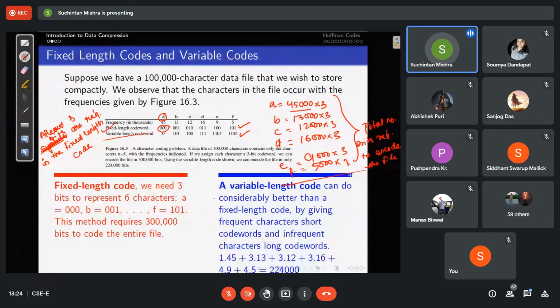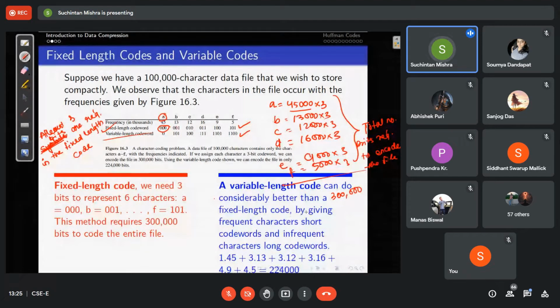Yes, what is the total value? Sir, 300,000.